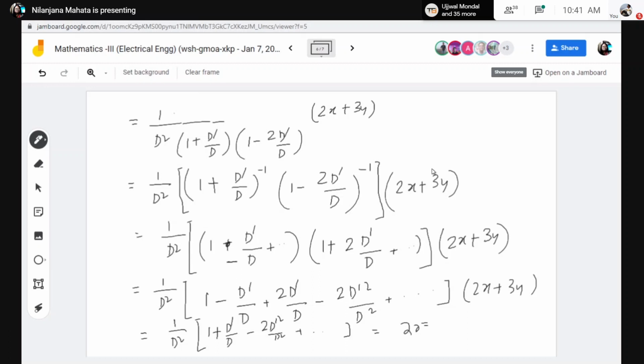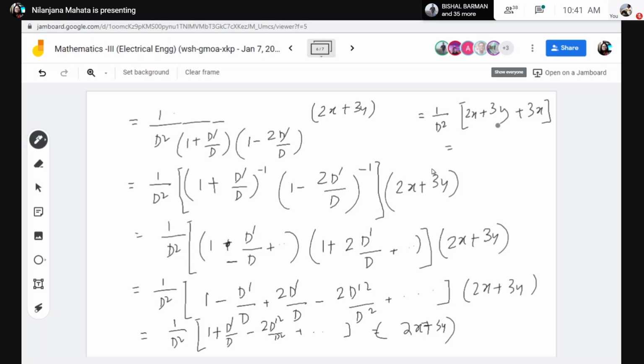This will be operated on 2x plus 3y, equivalent to 1 by d square. Okay, so first we have 1, this is 2x plus 3y, and then it will be first operated on, so there will be only 3, and so that will be another 3x integrated.